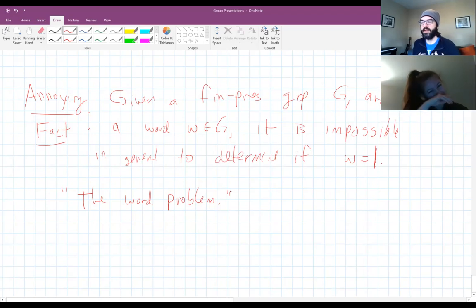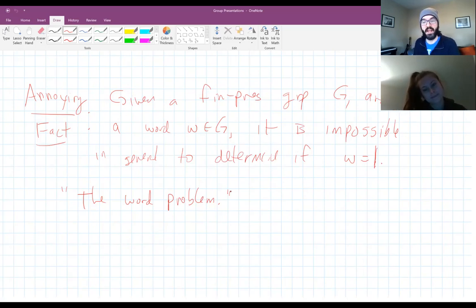Part of my dissertation research, and the research I've continued, is that I've tried to solve the word problem in special cases. When you say it's impossible to know in general, if I give you a group and a word, you don't know if you can solve it or not. But maybe you can, and it may take you a really long time to figure it out. Just because you don't solve it doesn't mean it's impossible.